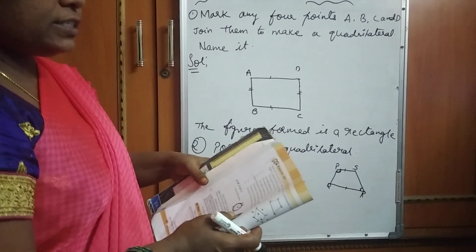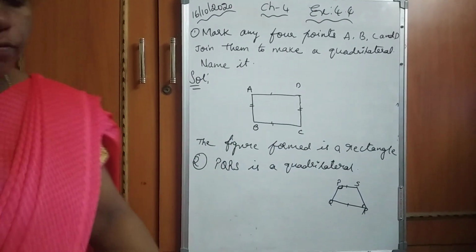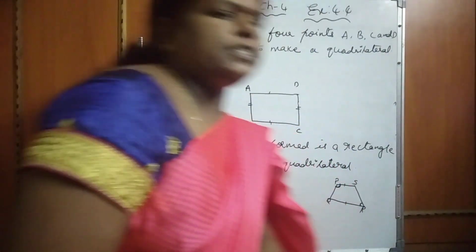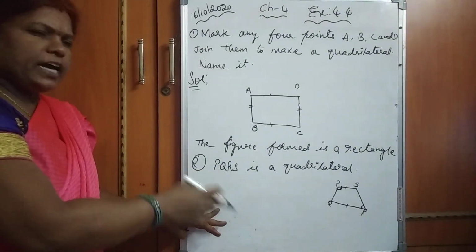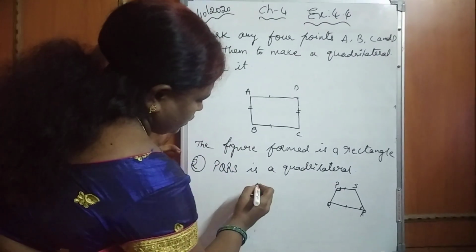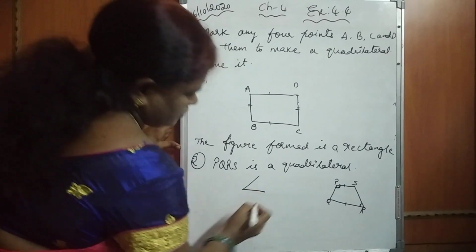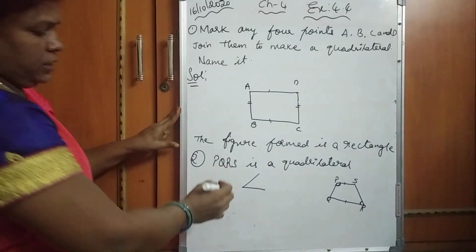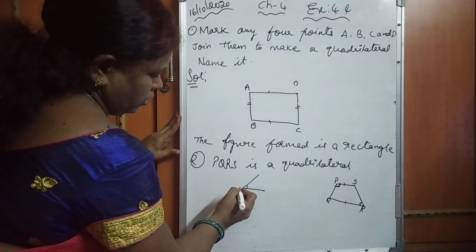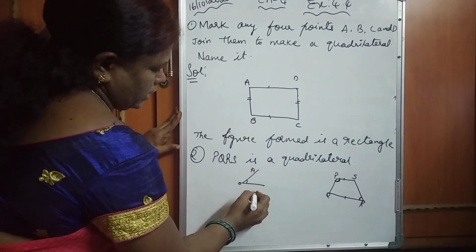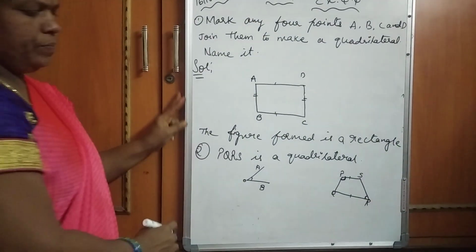Then the adjacent side of PQ. What do you mean by adjacent side, children? Adjacent side means which is attached to that, like this is one angle formed here. AOB.